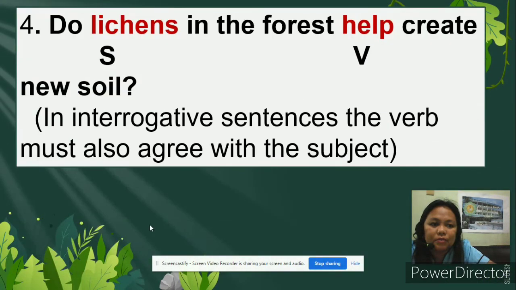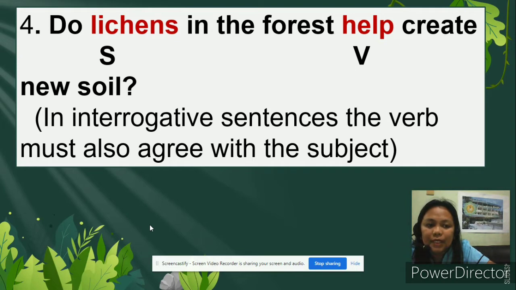Number 4. Do lichens in the forest help create new soil? So the subject there is lichens, and the verb is help. So, okay, the subject is a plural subject and the verb is a plural verb.